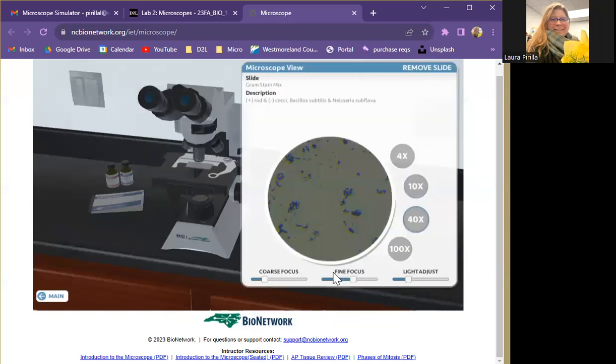Let's go to 40x. All right, starting to get somewhere here. Let's adjust the light, and let's focus in a little more. So now you're starting to see, okay, here's some of these little pink things, and here's some bluish purple things, but it's still hard to see what's going on here.